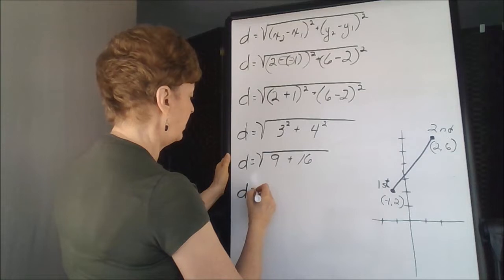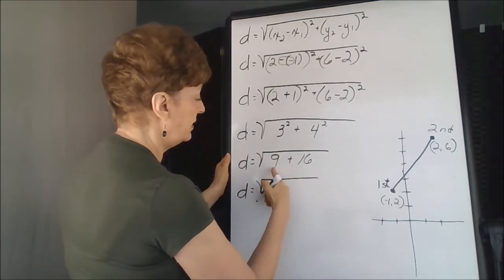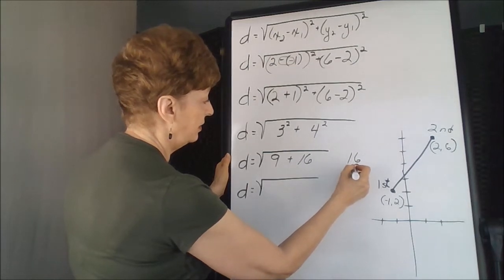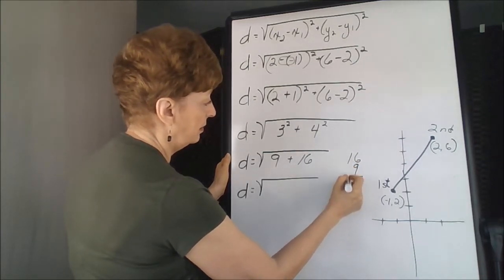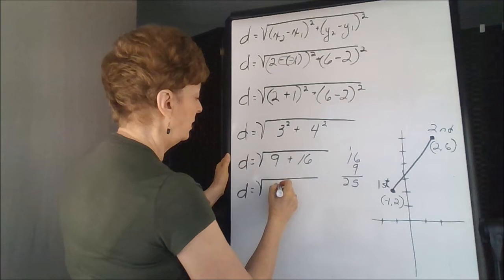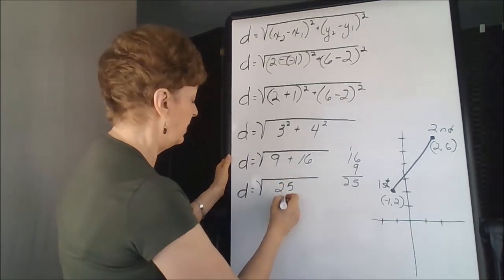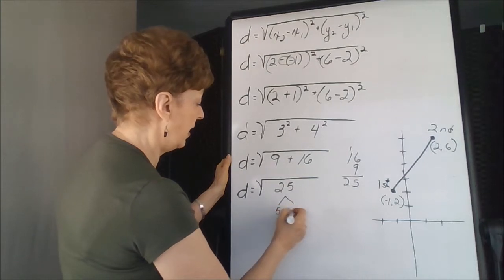D is equal to 16 plus 9 is 25. The square root of 25, that's a perfect square. We can branch this to 5 times 5.